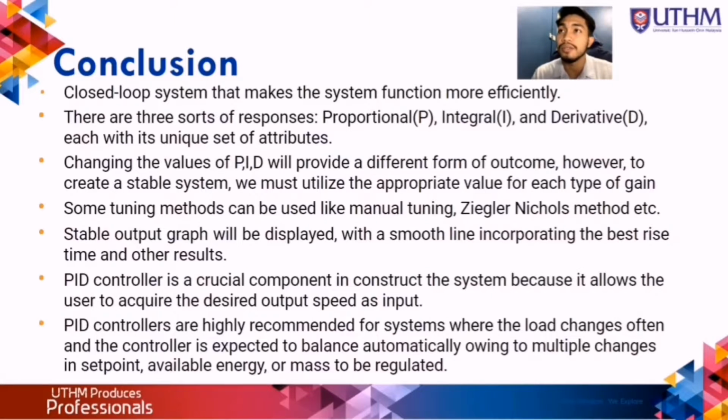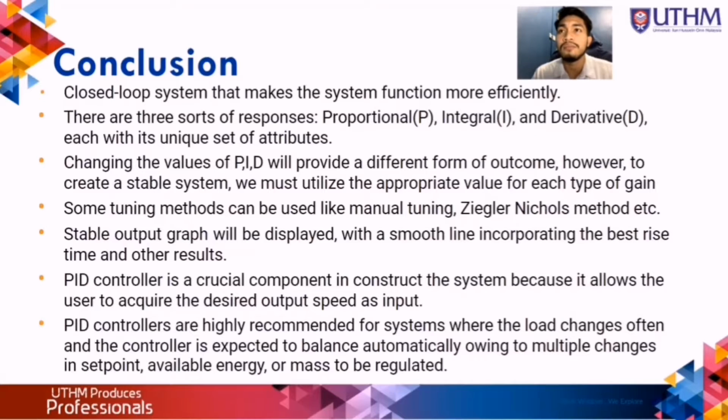As for the conclusion, PID is a controller commonly used in systems such as speed control systems to produce a closed loop that makes the system function more efficiently. In this controller, there are three types of responses: P for proportional, I for integral, and D for derivative, and each has its own unique set of attributes.